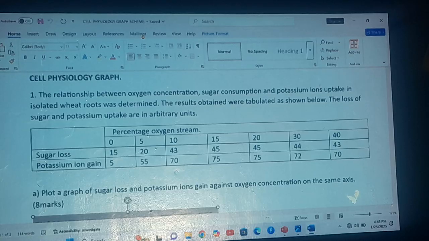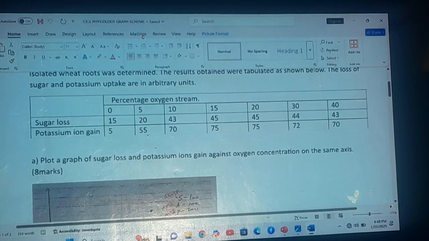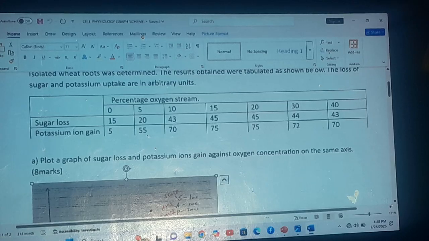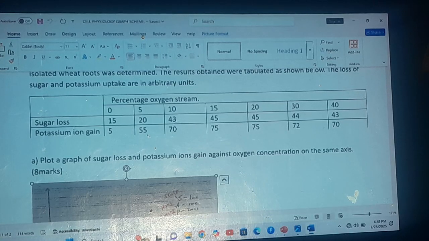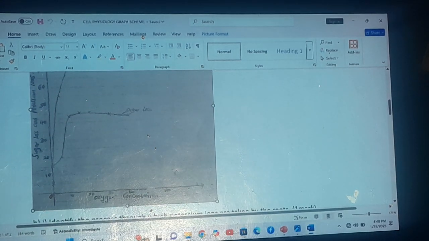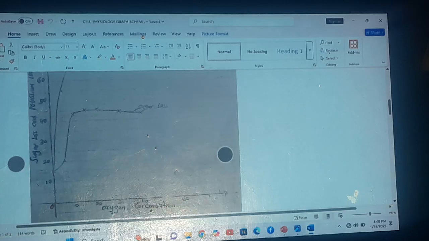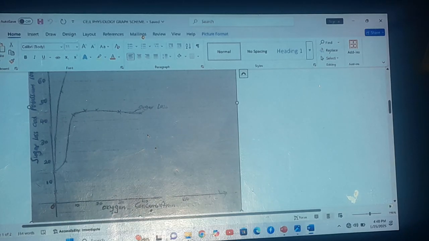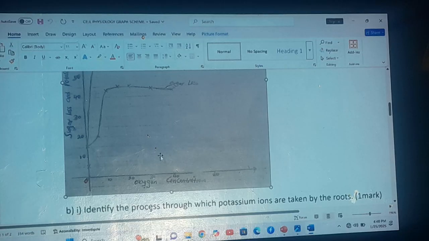So let's check. You plot a graph of sugar loss and potassium ion gain against oxygen concentration on the same axis. From this point, check your x-axis. On the x-axis, we have oxygen concentration.